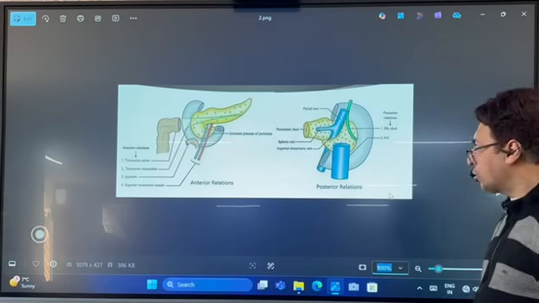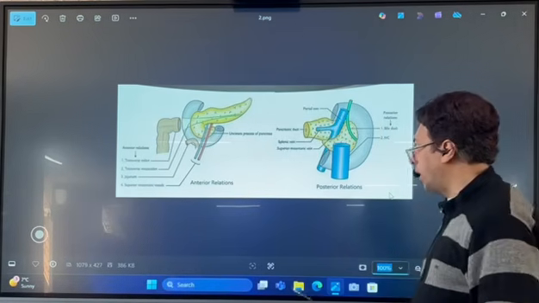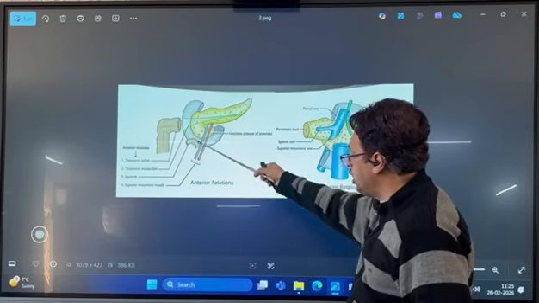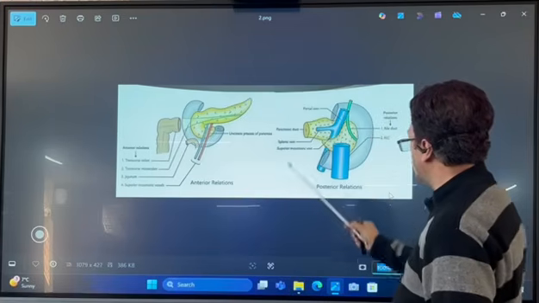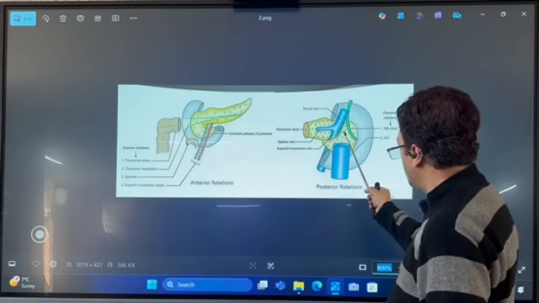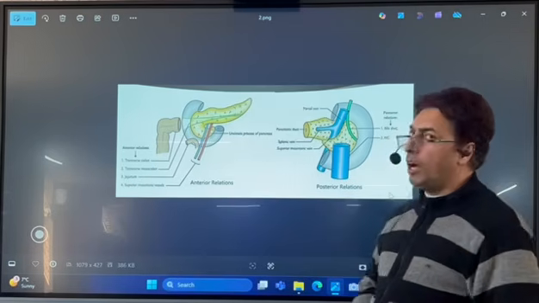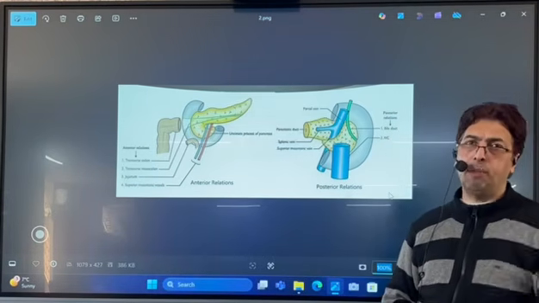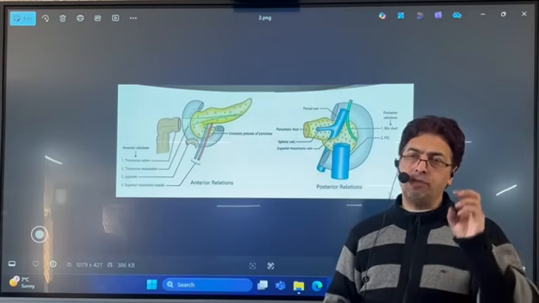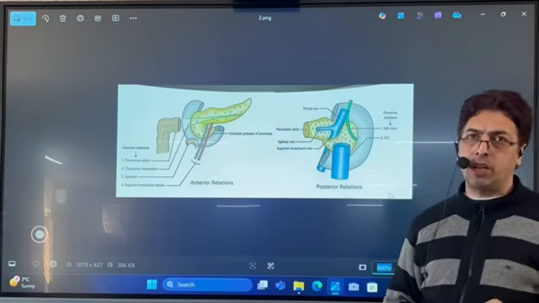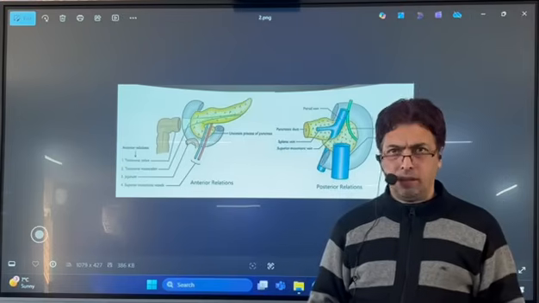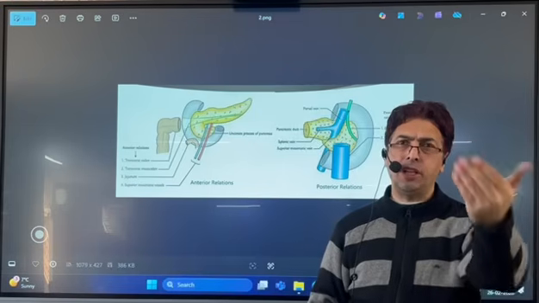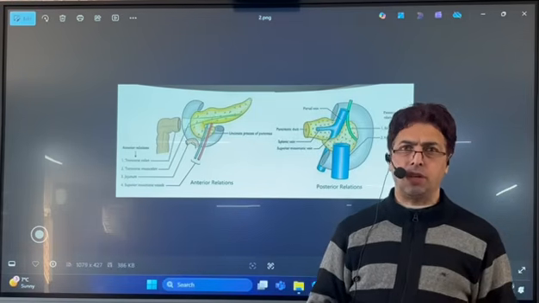So, as I was telling you, this is the head of the pancreas, and it lies within the C concavity of the duodenum. And the tail of the pancreas goes in relation to the hilum of the spleen. Now, first of all, taking the head of the pancreas into account: on a macroscopic level, we have two surfaces, the anterior surface and the posterior surface.